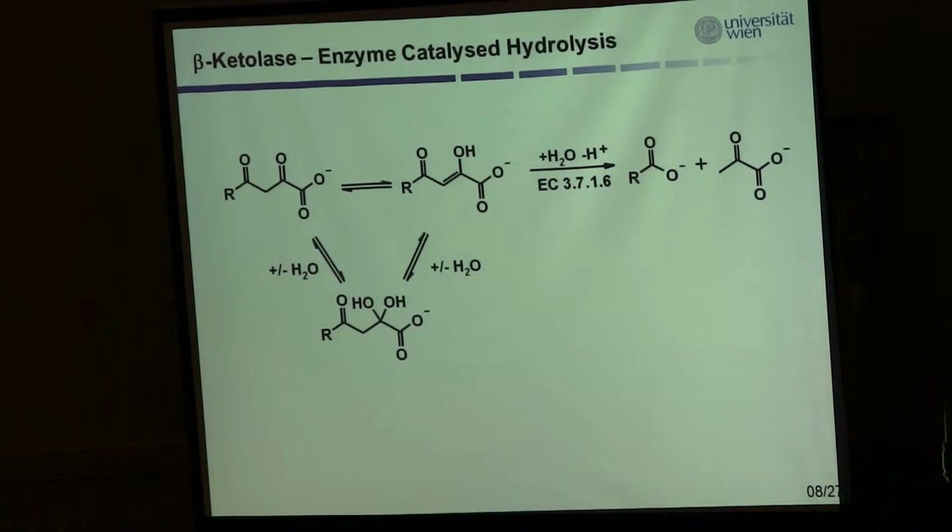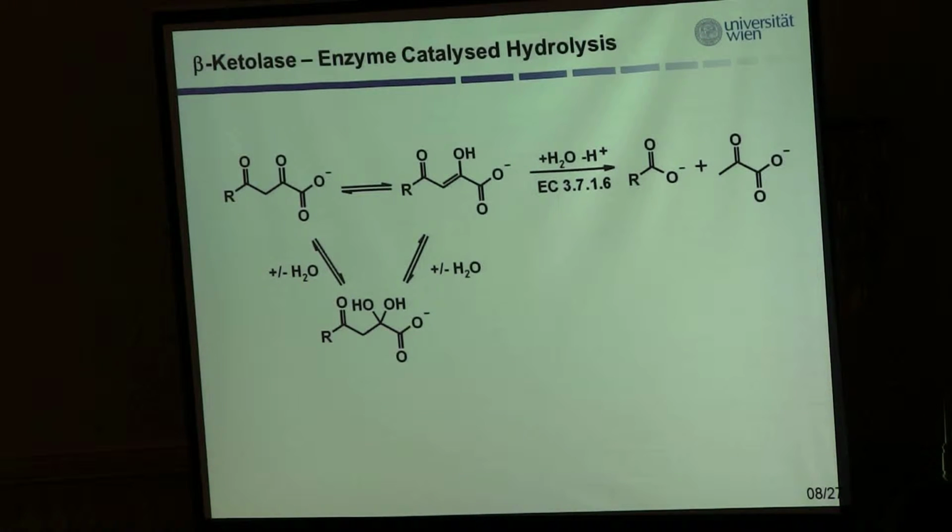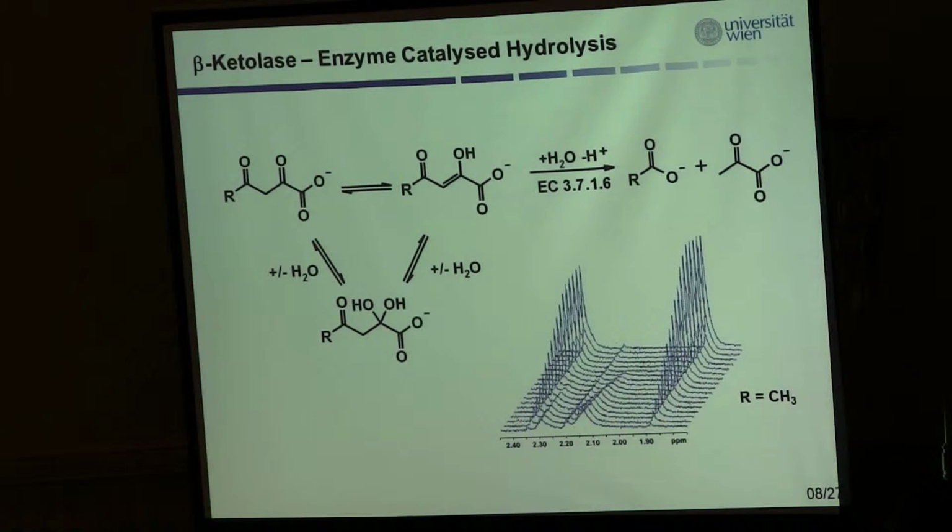Taking a look at it, we see that our starting material has 3 different isomeric forms, and we can also see here in this in situ spectrum that we have 3 signals, a little bit broad, and all 3 are consumed, while here the methyl groups are the products which are produced.